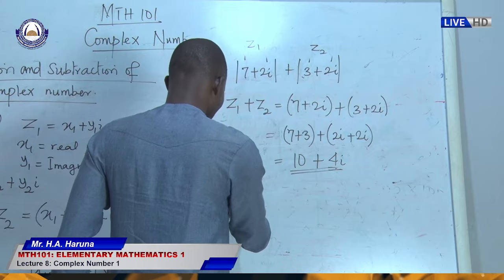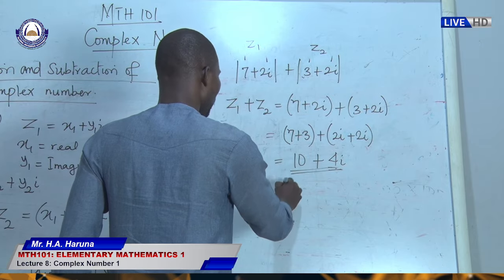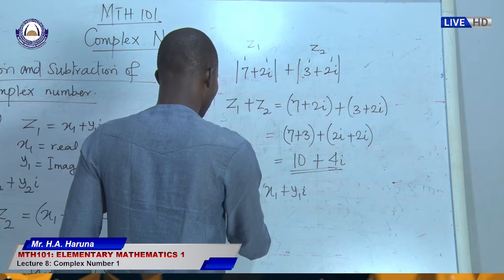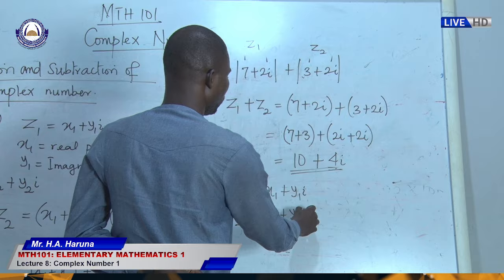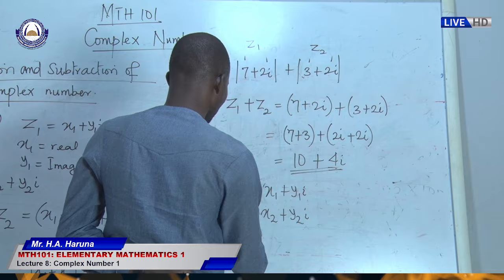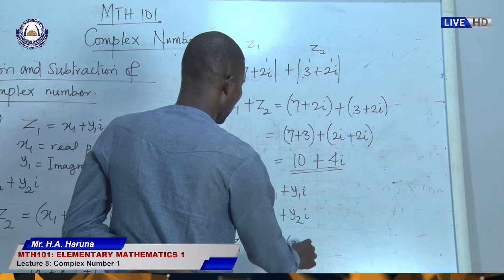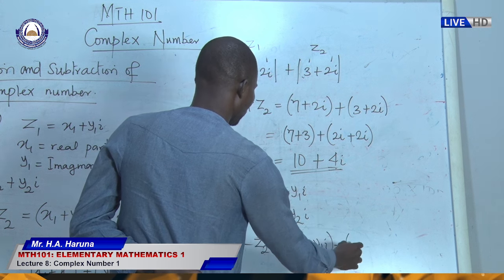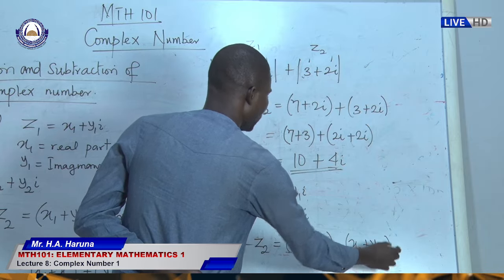Now the subtraction part. So Z1, if you recall, is your X1 plus Y1 i. And you know Z2 is your X2 plus Y2 i. So let's do the subtraction. Z1 minus Z2 equals X1 plus Y1 i minus X2 plus Y2 i.